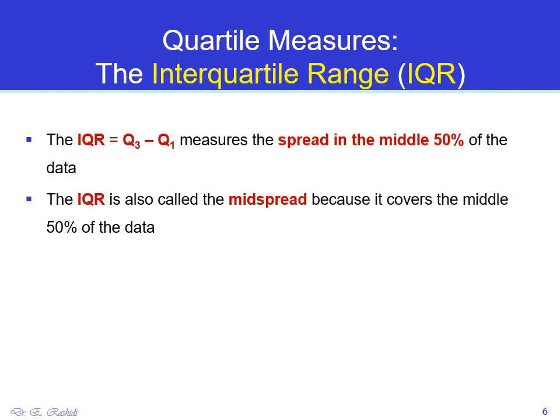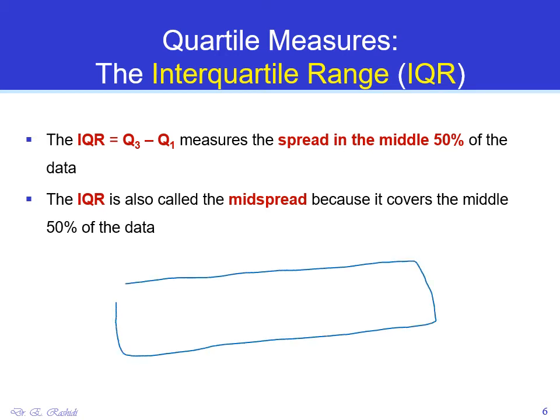Let's go back to the definition of the quartiles. We said that quartiles is when you order your data from the smallest to the largest, and then split them into 4 equal segments or partitions: first, second, third, and fourth. This segment covers 25% of your data.